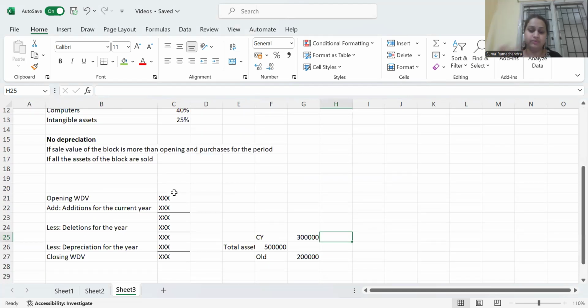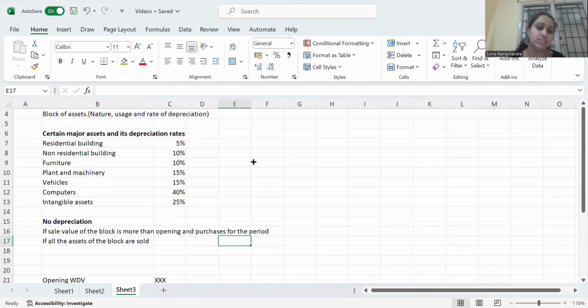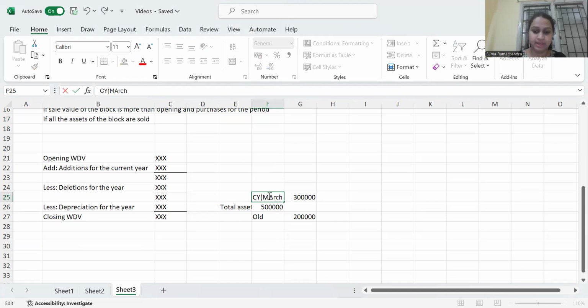Say, to give my example very clearly, imagine that this is a building which is non-residential in nature. So what is the normal rate of depreciation I'm supposed to charge? That will be 10%. In the current year, imagine I have bought the asset in March. Now what will happen? This 3 lakh will have depreciation of 3 lakh into 10% into 1 divided by 2.